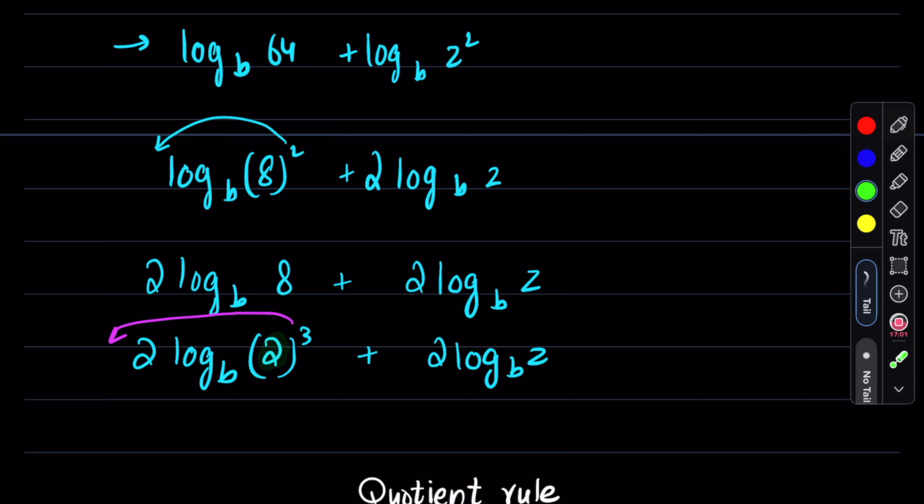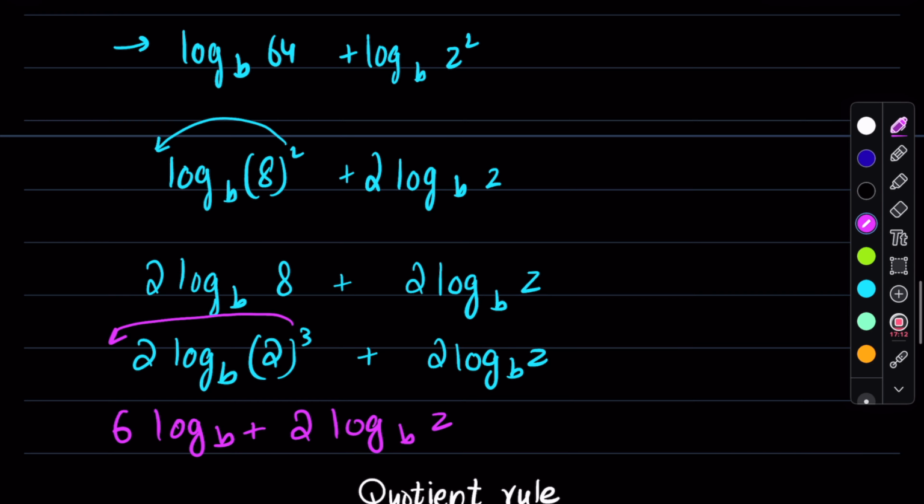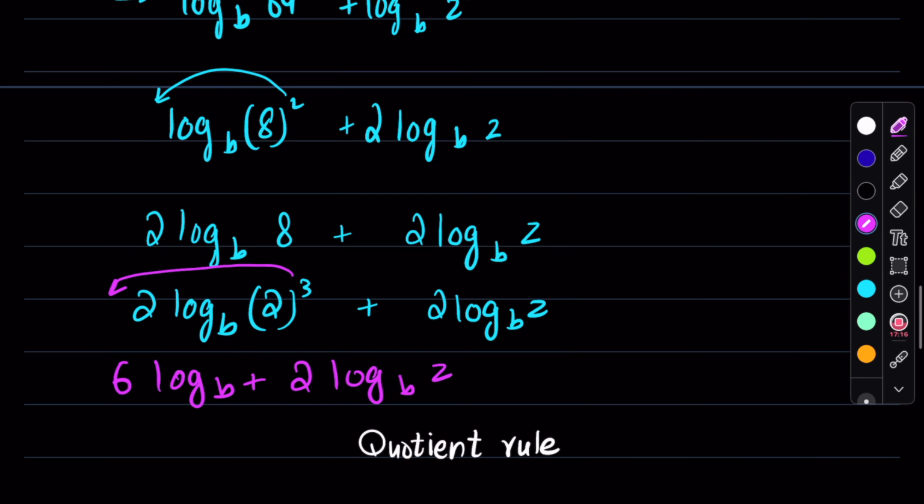So it becomes 6 log base b argument of 2 plus 2 log base b argument of z. So this logarithm operation can be expressed in these simplest terms.